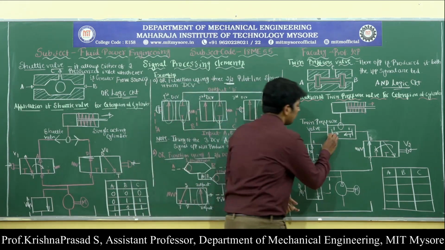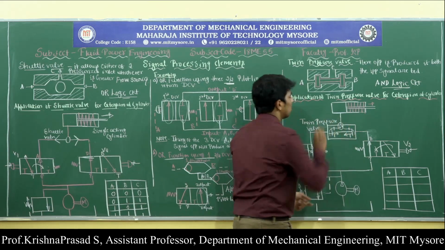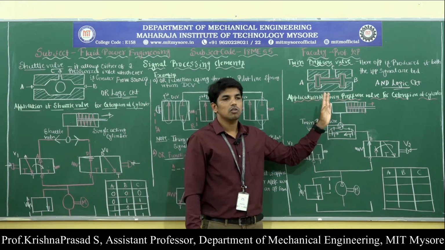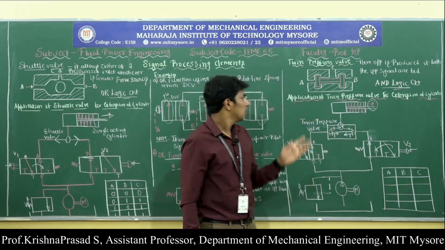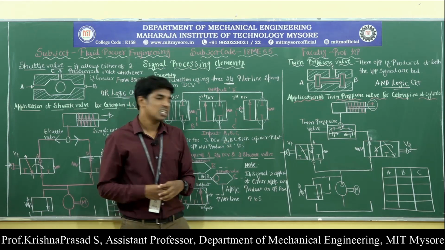Now compressed air will flow from outlet port A to the outlet port C. Then this compressed air enters into the blank end of the cylinder, and this will cause the extension of the cylinder. So this is called the application of the twin pressure valve for the extension of the cylinder.